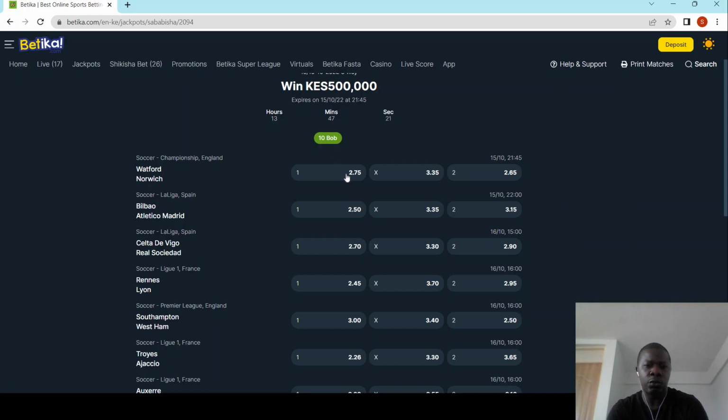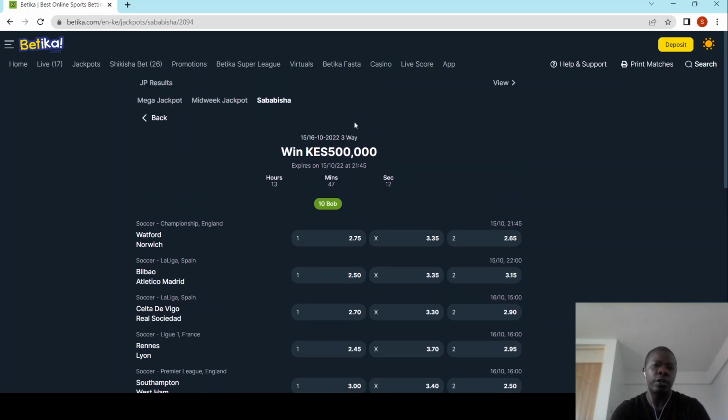So this one you can't use combination. You place a bet of 10 shillings, and if you get all of them correct, you get to earn this. You have to get all of them correct. Even if you miss by one, you would have lost the bet. So that's how you bet on jackpot.